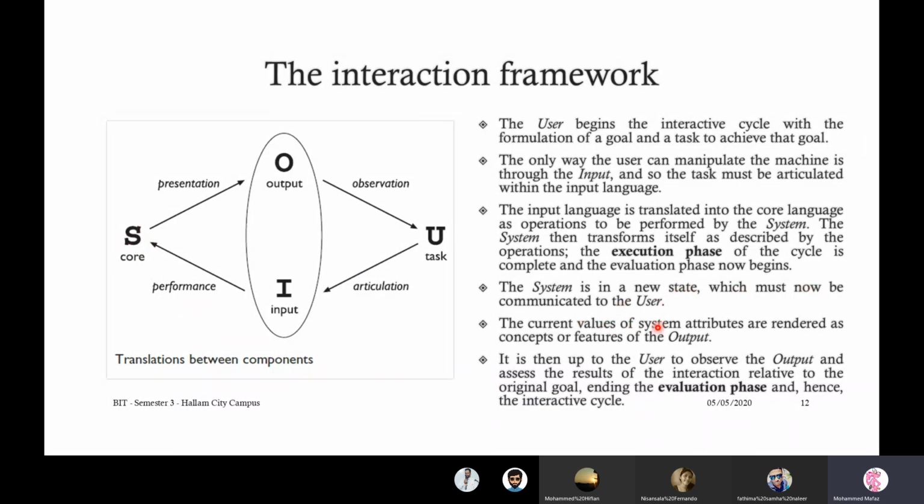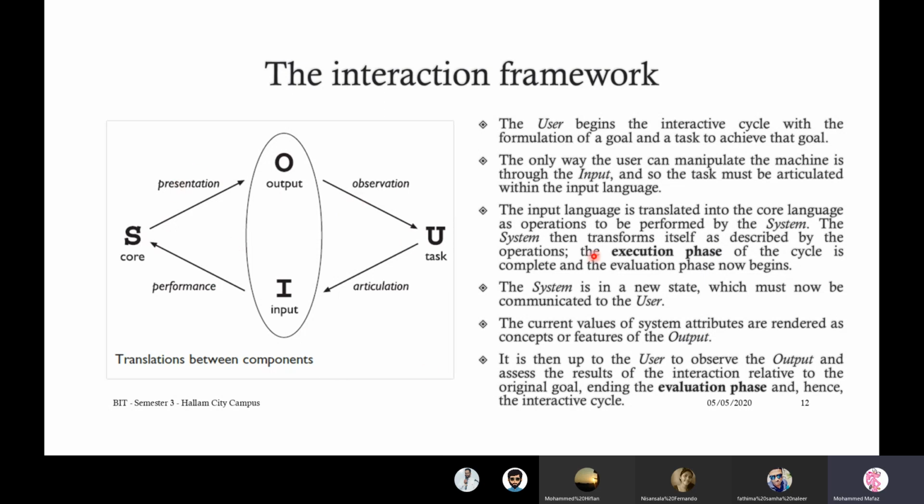So the current values of the system attributes are rendered as concepts or features of the output. So it is presented as output. It is then up to the user to observe the output and assess the results of the interaction relative to the original goal, just like in Norman's model. So this ends the evaluation phase, right?